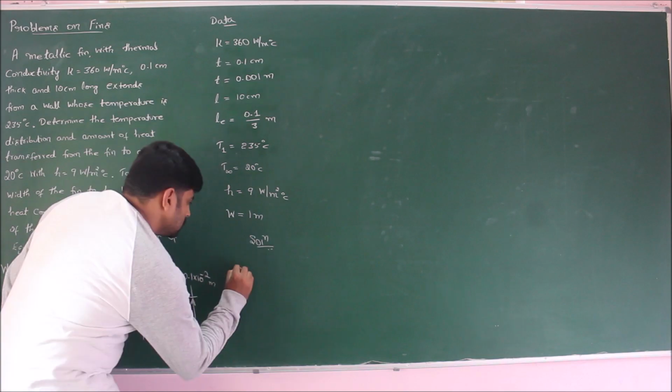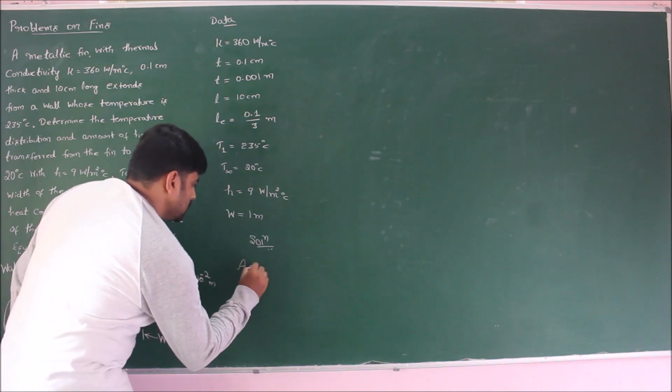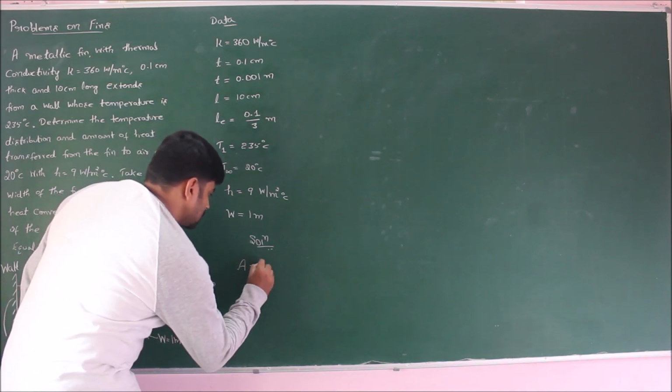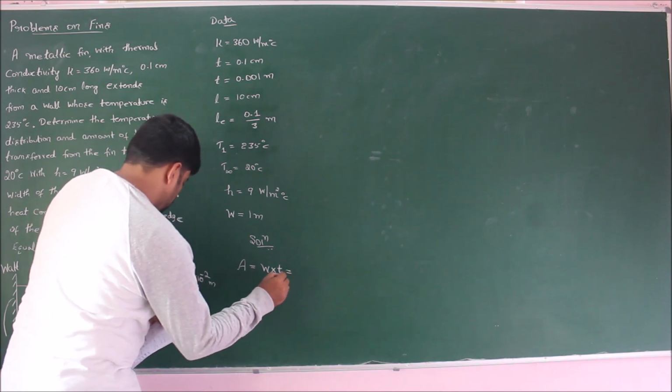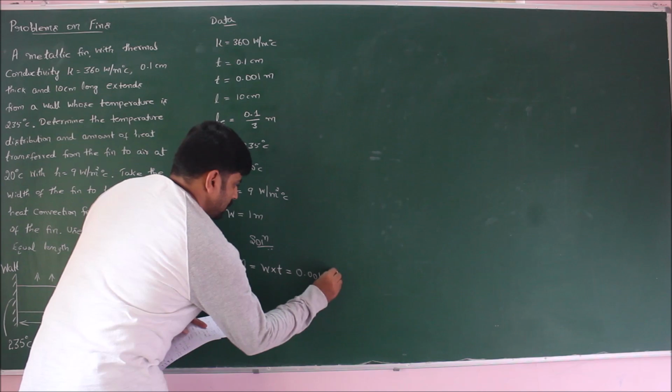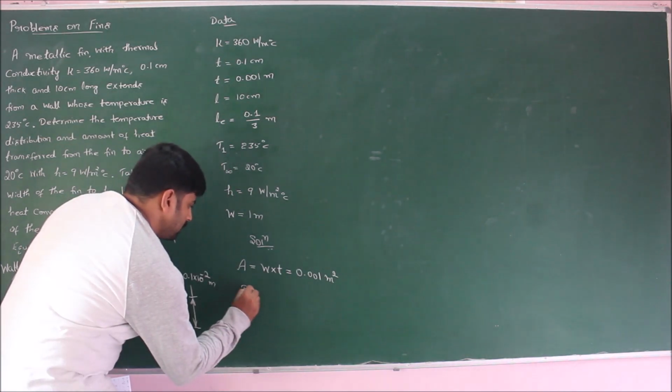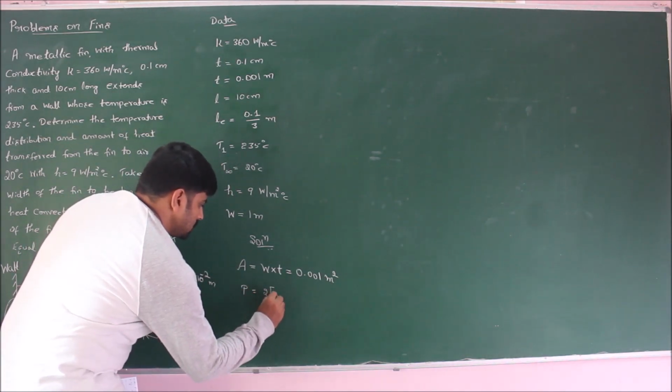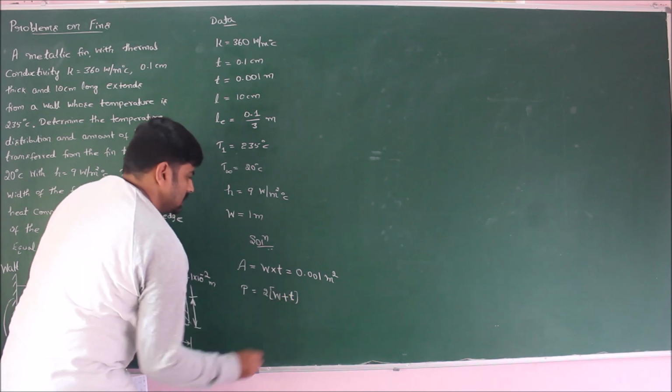Therefore the cross-sectional area of the fin, which is width times thickness, will be 0.001 meter square, whereas the perimeter P is 2 times width plus thickness.